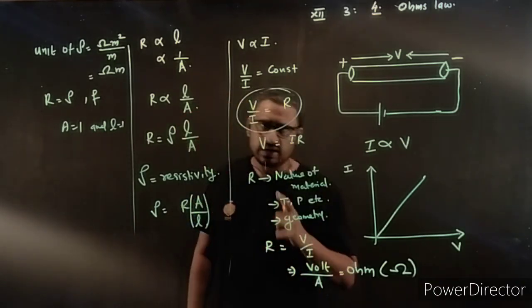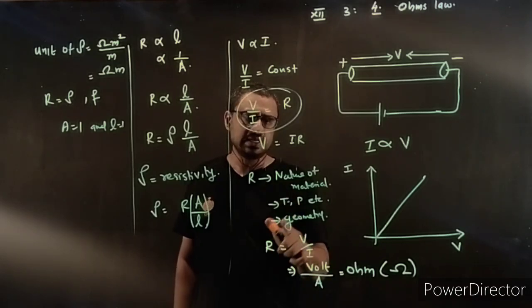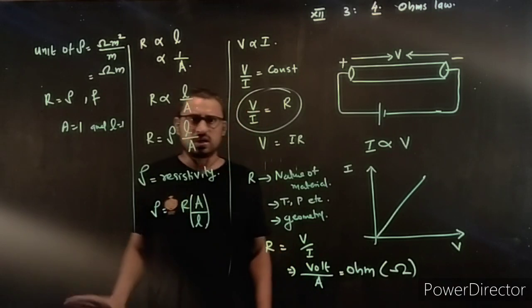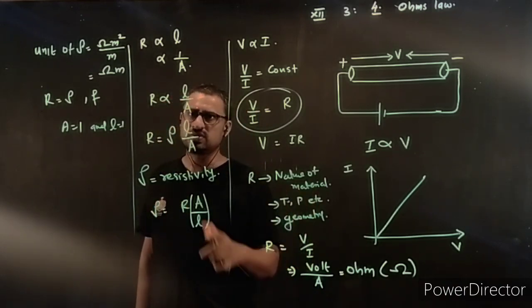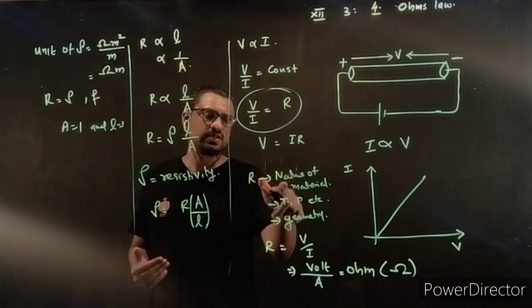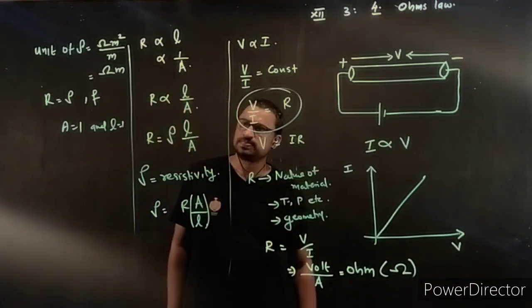One thing you have to understand very carefully: resistivity depends on nature of material and temperature, pressure like conditions. But resistivity does not depend on the geometry, because resistivity is a constant we introduced because of the presence of nature of material and physical situations.